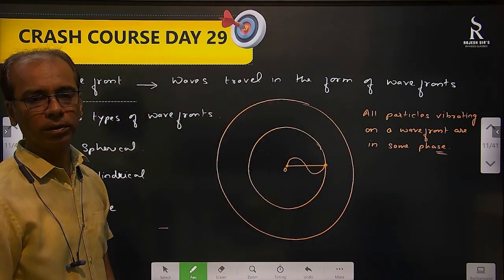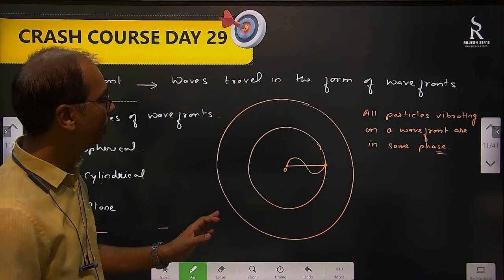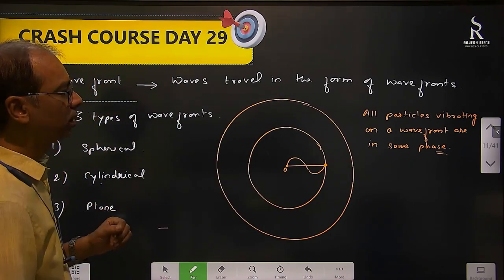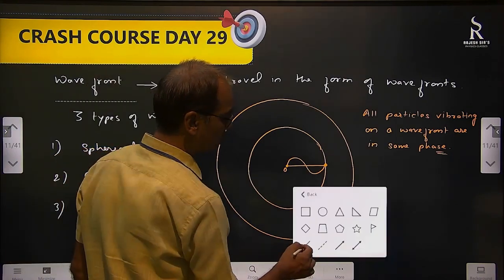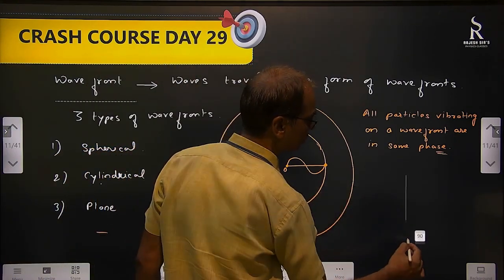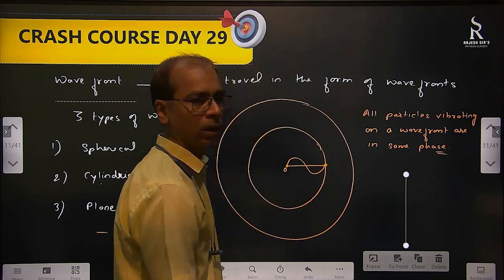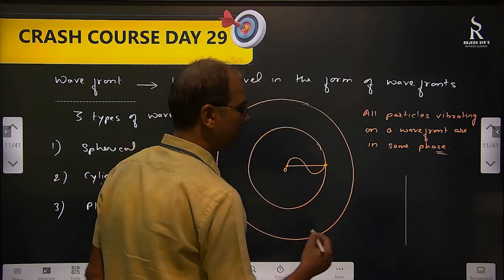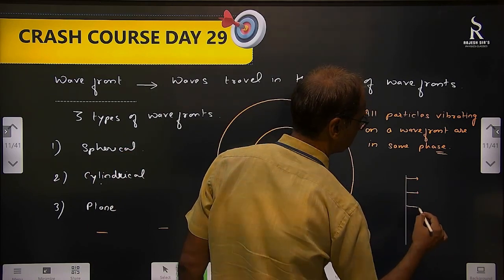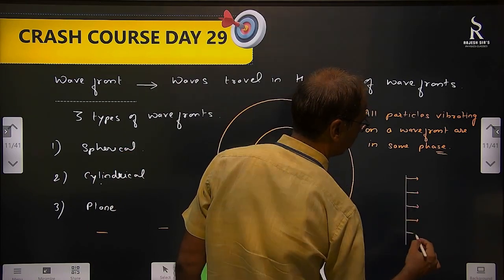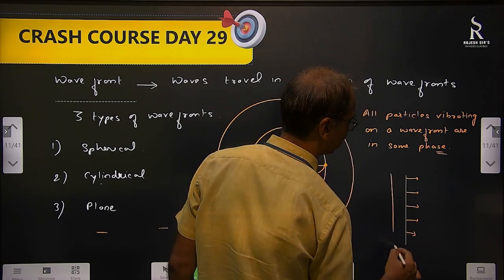Same way, we get a cylindrical wavefront when we have a line source. Line source means it's like this. In this one, light will be going perpendicular, like this. So the wavefront here will be a cylindrical wavefront, like this.